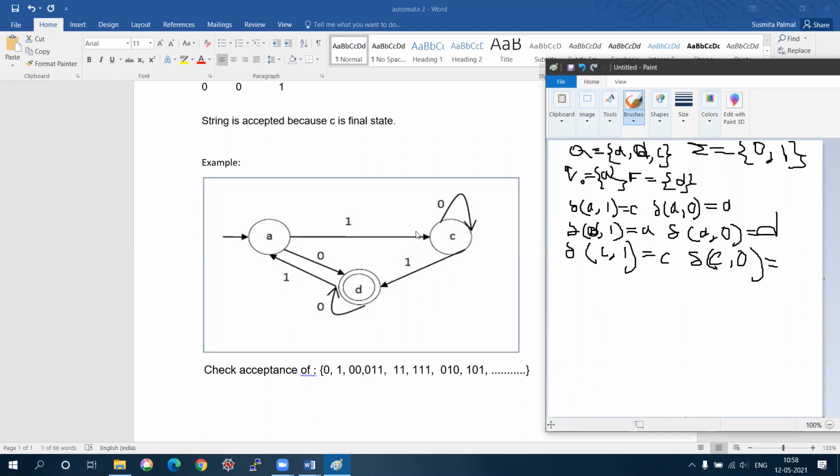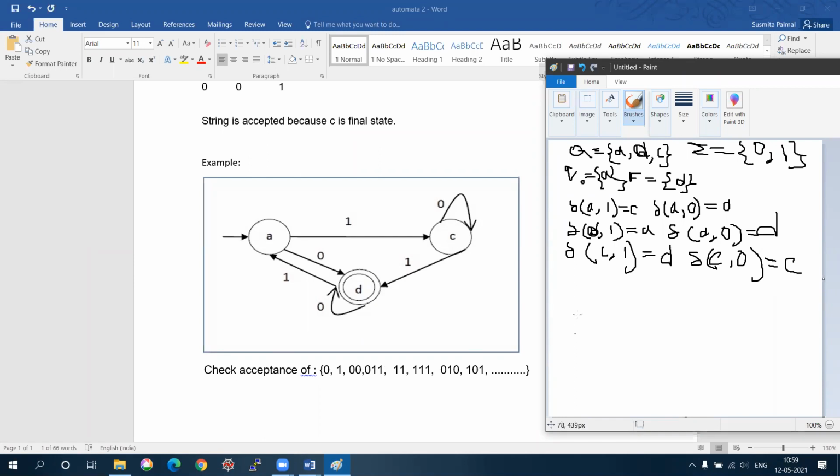No. When you are in state C and you are giving input 1, it is going to state D, right? So this will be D. And whenever you are in state C and you are giving input 0, you are going to state C. Now it's okay. Now we will check the acceptance of strings.